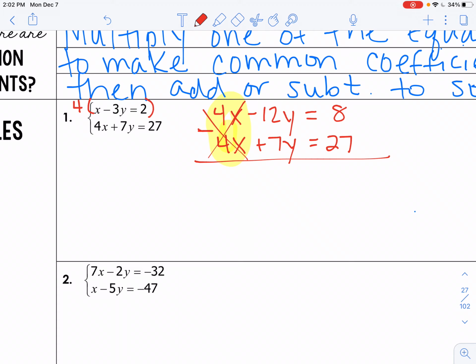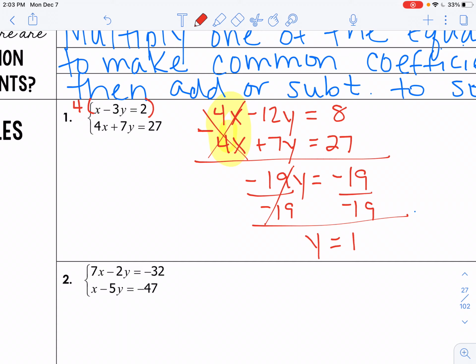Negative 12y minus 7y would be negative 19y. And then 8 minus 27 is negative 19. Divide out the coefficient. Those cancel out, and you get y equals 1.